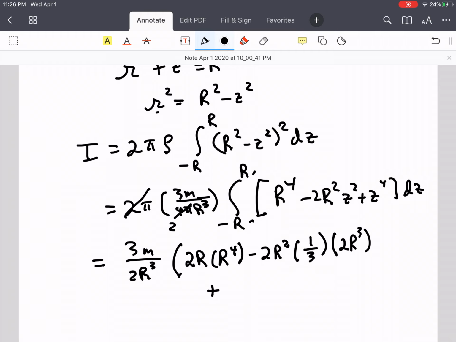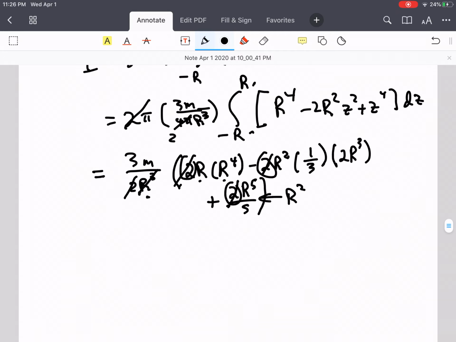And when I add the two limits together, I get 2R to the fifth divided by 5. So there's a 2 on each term. I'll factorize that and cancel out the 2 up front. There's an R to the fifth on each term and an R cubed outside, so I'll cancel that out, and everything in here will become R squared.